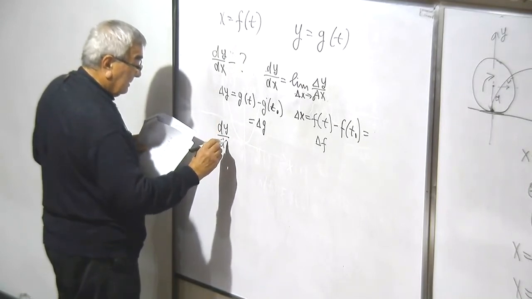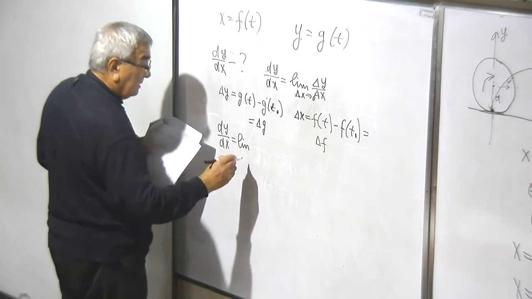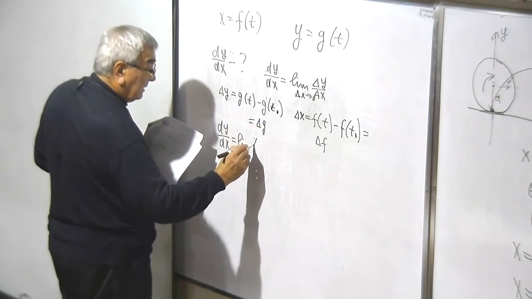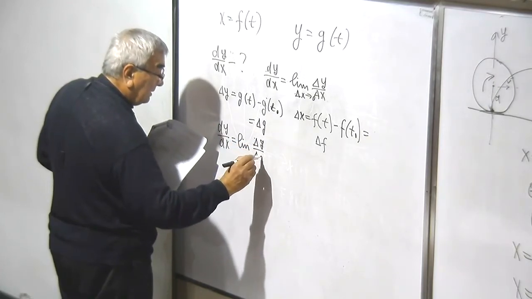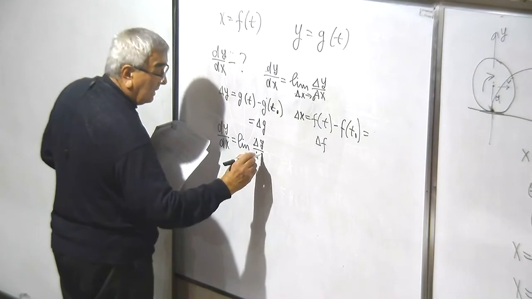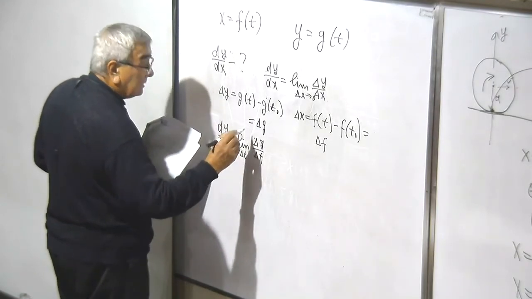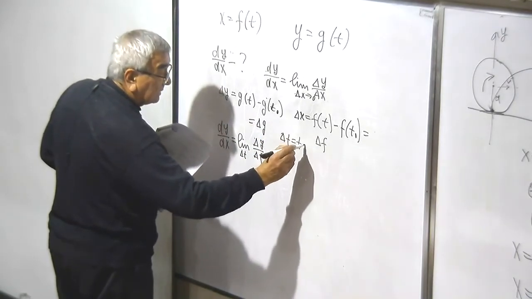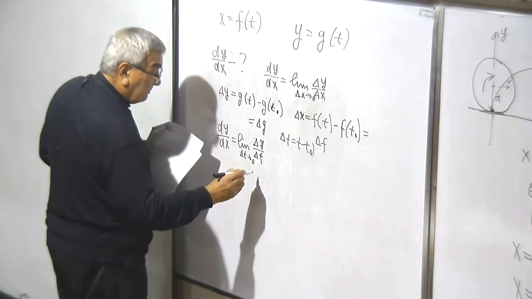So that if you substitute here, dy/dx will be equal to the limit. Here, delta y, I will write delta g, over delta f, and here delta t is equal to t minus t0, which goes to 0.